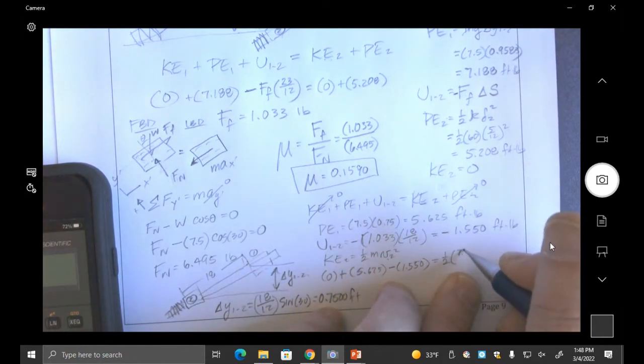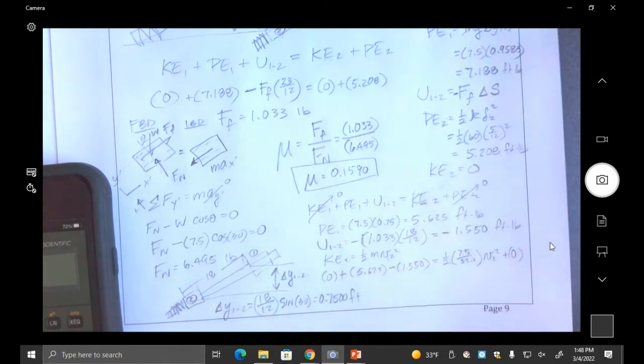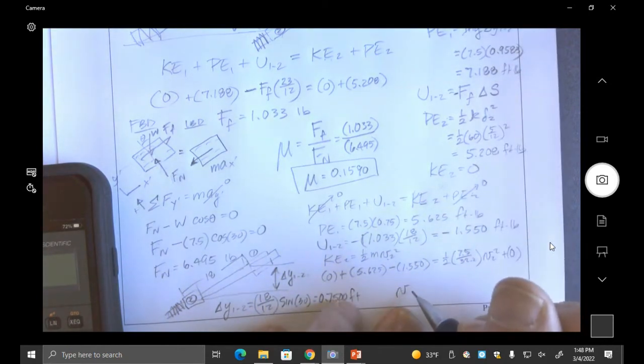Remember, you have to divide 7.5 by 32.2 to get slugs. Times V2 squared plus 0. So we should get V2.